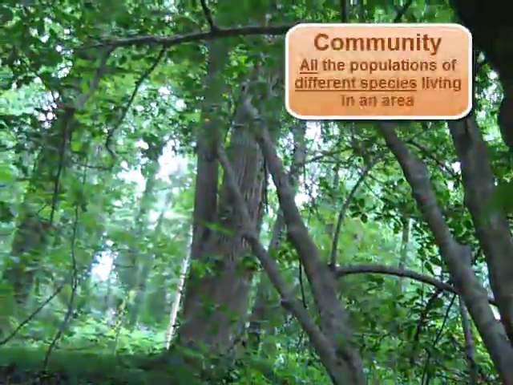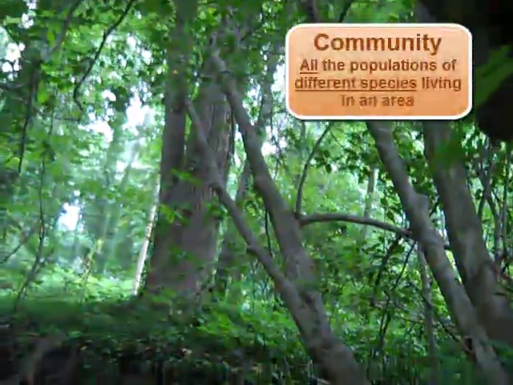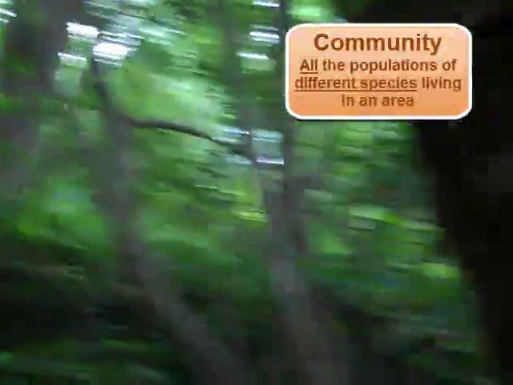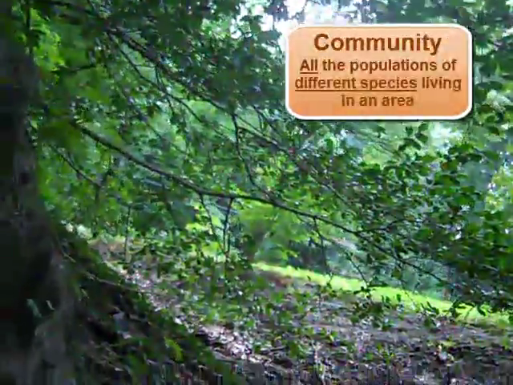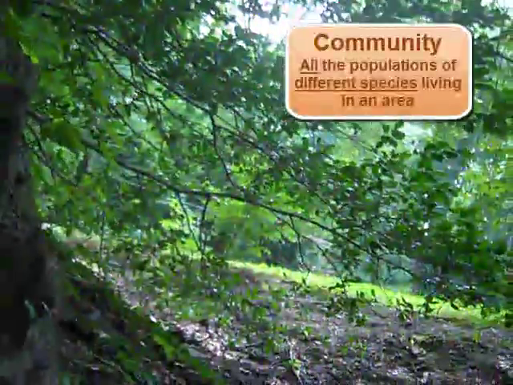Okay, but we could even bump the discussion up to a new level of complexity, and we could talk about the community. And that's talking about all the different species that are in this area, all the different types of living things.